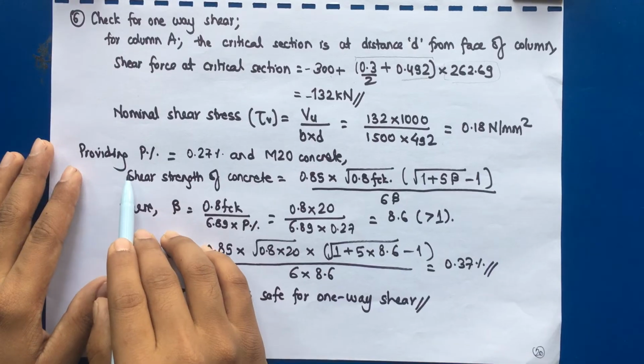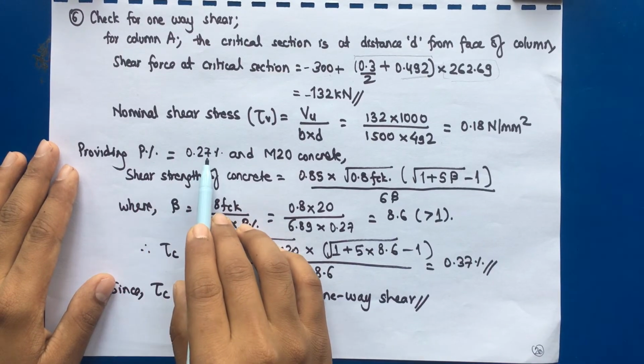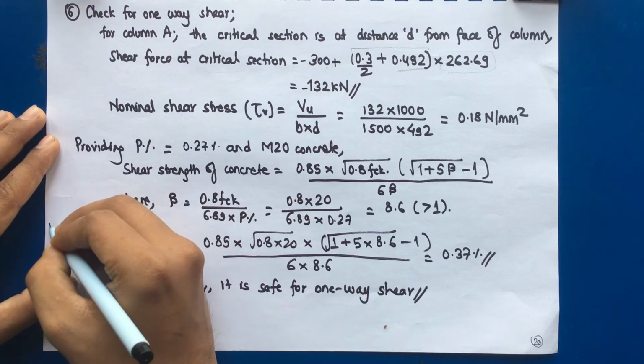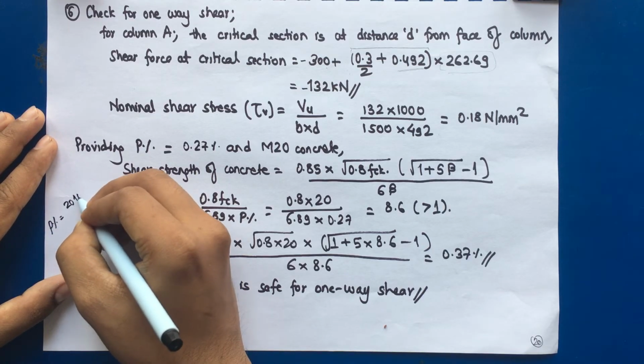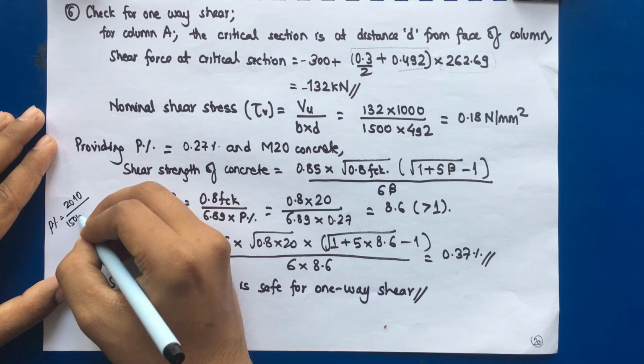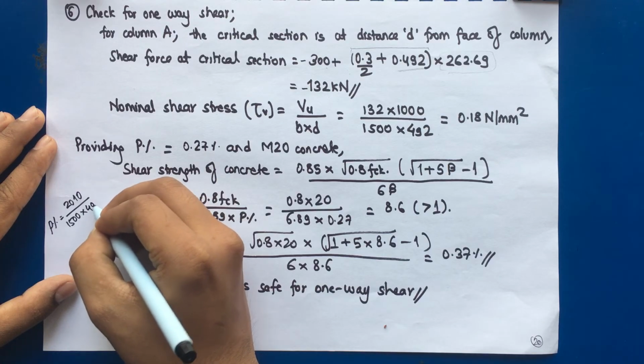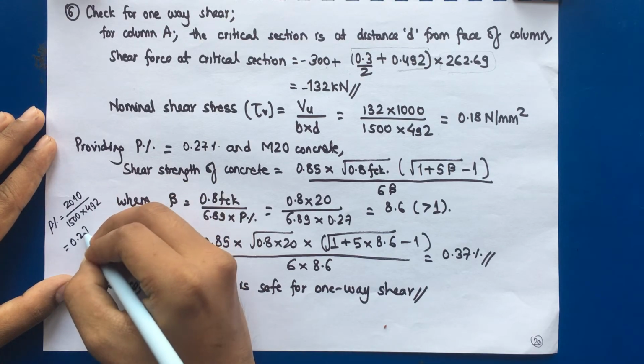Similarly, providing Pt percent as 0.27% and M20 concrete, Pt percent is equal to 100 into 1500 into 492, so we get 0.27%.